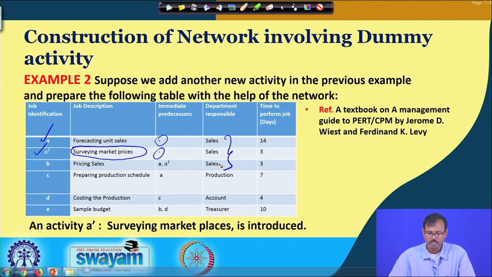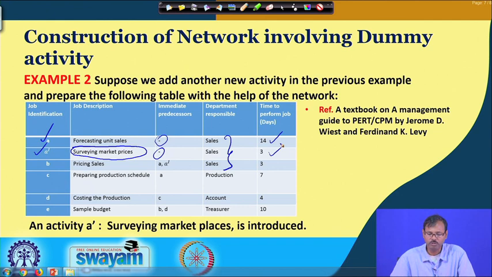So, the sales department is asked to carry out forecasting of sales and the market survey for the prices in 14 days and 3 days.